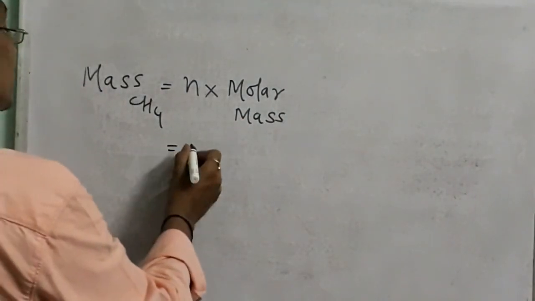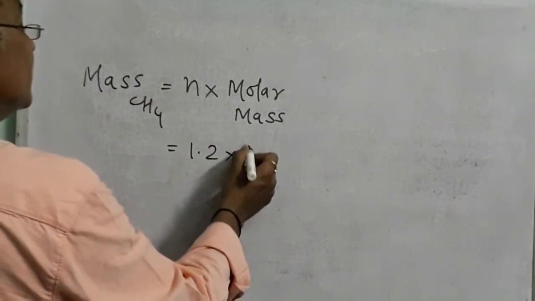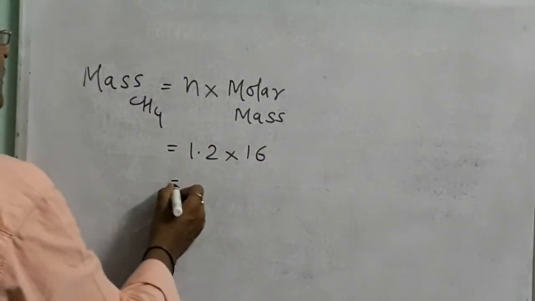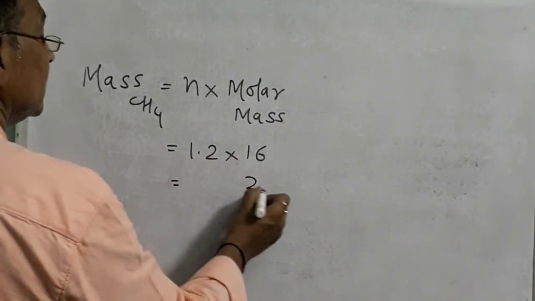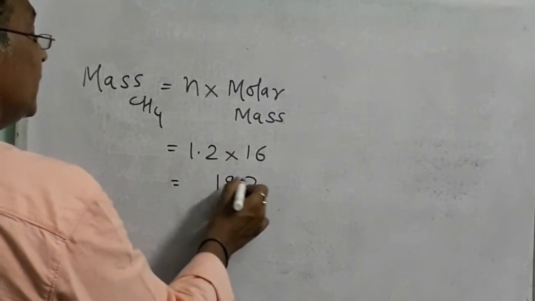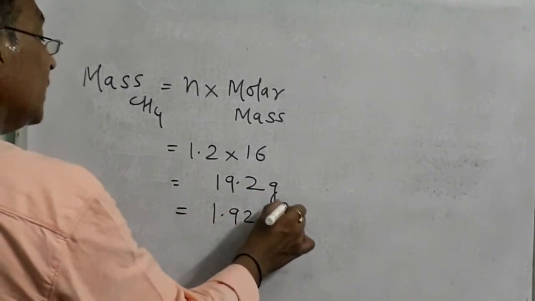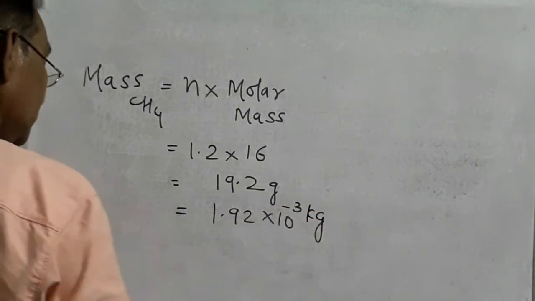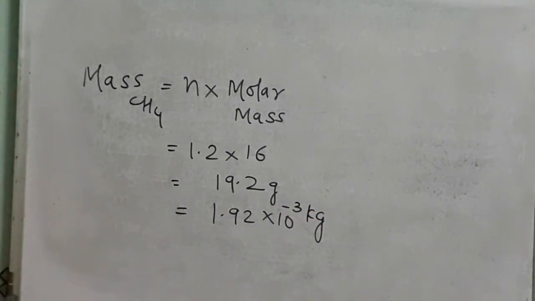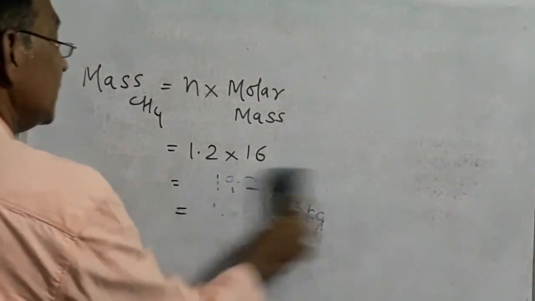Mass of CH4 is equal to 1.2 moles times molar mass of methane, which is 16. So this is 19.2 gram. If calculated in kilogram, it is 1.92 into 10 to the power minus 3 kilogram. So sometimes in this way the number of moles will be given and we'll ask you to find out the mass of that much number of moles.